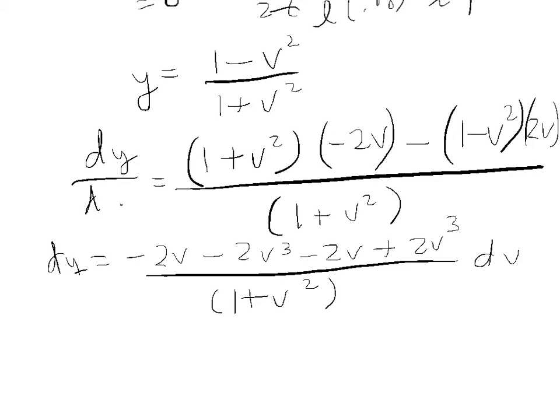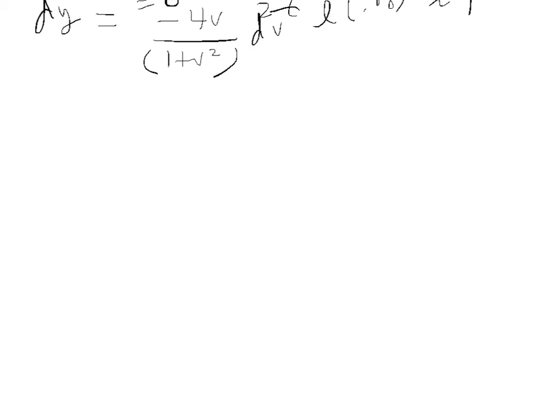It should definitely be a dv. And there, that would be equal to the differential. I think we can simplify that a little bit, and we end up with minus 4v over 1 plus v squared dv, and that's the change in y, or the differential in y.